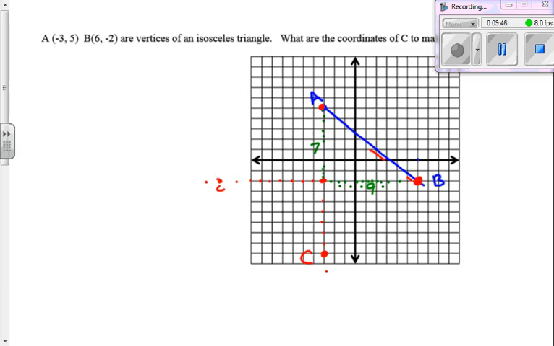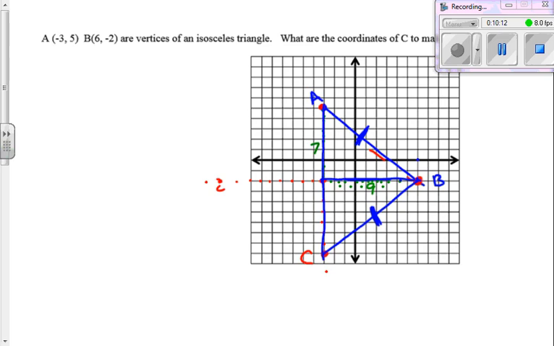And when I draw it, here's my isosceles triangle. B is my vertex angle because I went straight down the same distance to A as it is to C, making these two sides right here congruent.